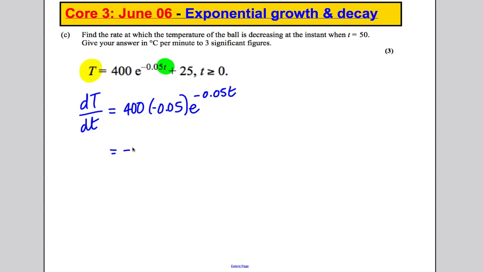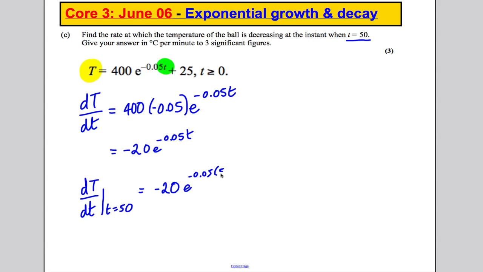You would have negative 20 e to the negative 0.05 t, and you were asked to find the value of that cooling when little t is 50, when time is 50. So dT by dt when t is equal to 50 must be equal to negative 20 e to the negative 0.05 times 50.